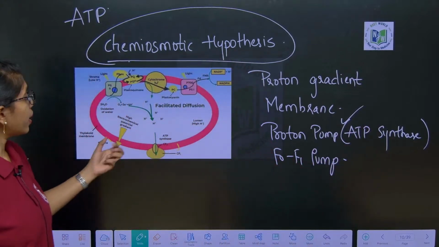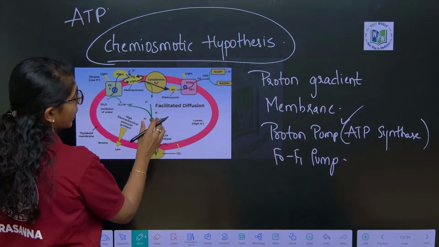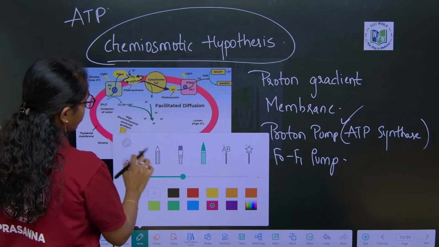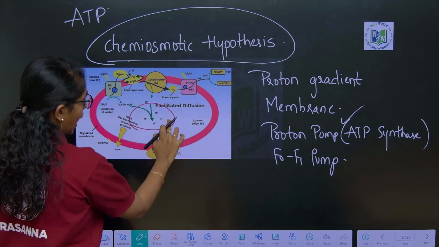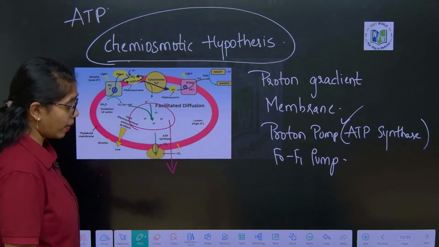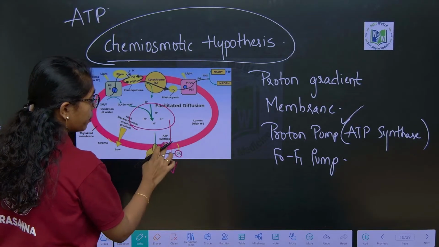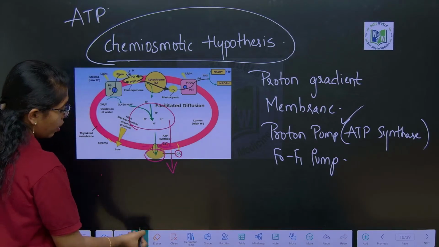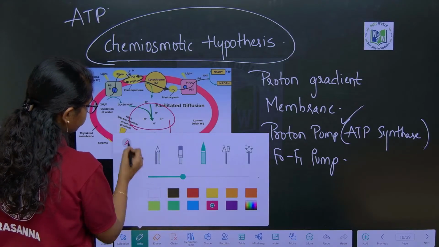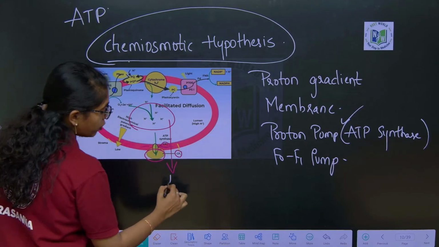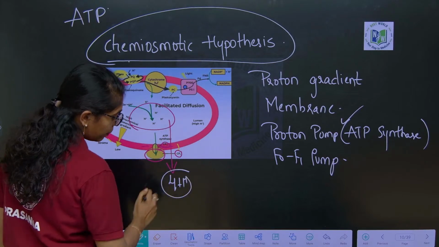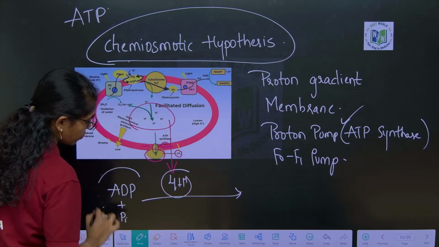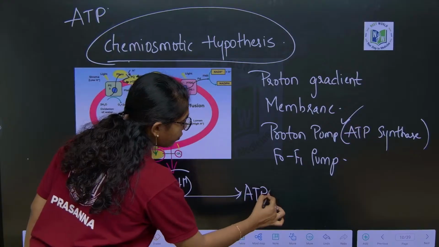These are required for the chemiosmotic hypothesis, wherein the protons from the thylakoid lumen are transported to the stroma by the F0, F1 pump, where F0 is inside the membrane and F1 is towards the stroma, which gives out 4 protons by a single pump, and inside the stroma you have ADP plus inorganic phosphate, which leads to the formation of ATP.